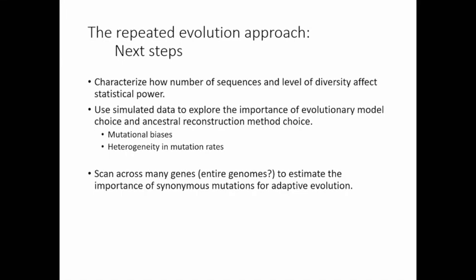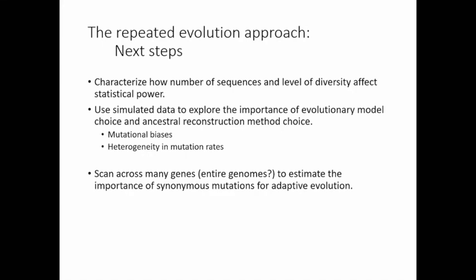And then ultimately what we'd really like to do is take this approach and scan across many genes and try to get a good idea of how widespread synonymous mutations with fitness effects are. Can we get an idea of how much we have to worry about synonymous mutations as being important for adaptive evolution across different types of genes?